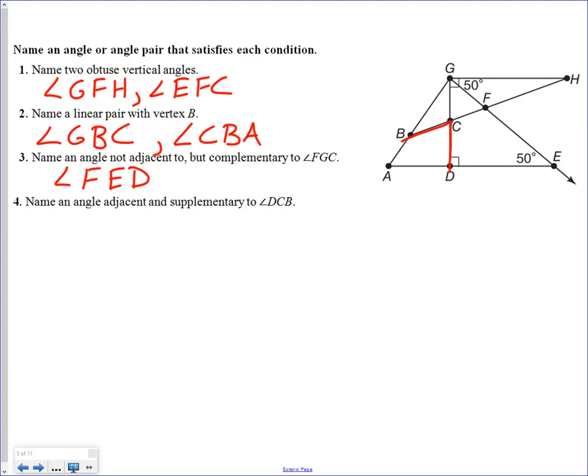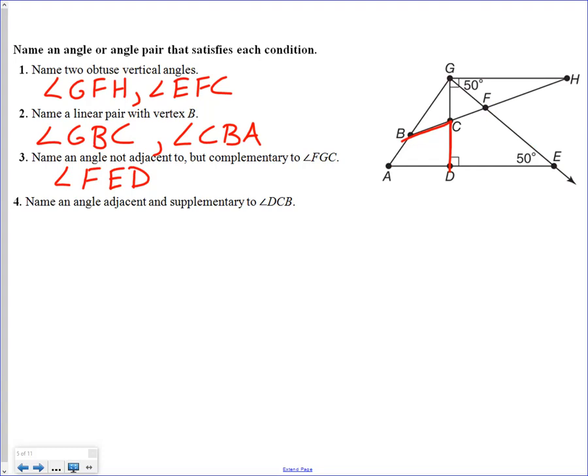GCH. That would be the vertical angle. Those two angles are congruent, right? So we want the adjacent.